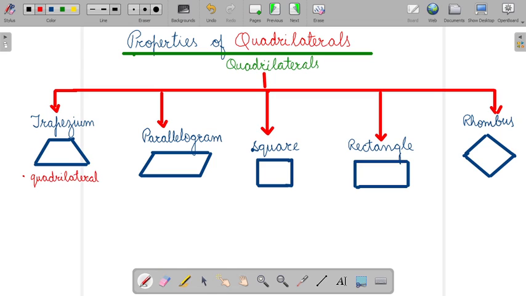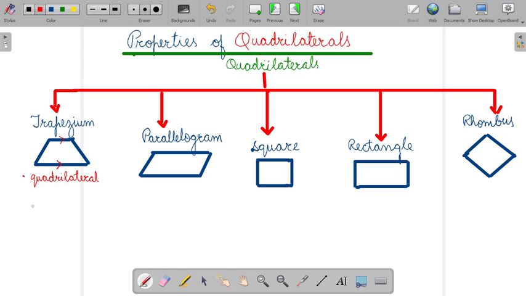Next property: a trapezium, which is a quadrilateral, in which one of the opposite pairs, either this one or this one, should be parallel to each other. Observe here, in this case these two opposite sides are parallel to each other.